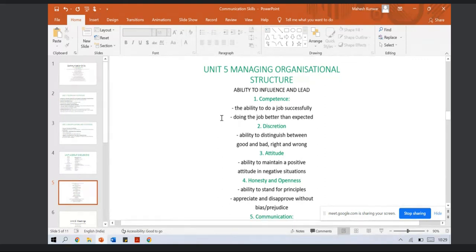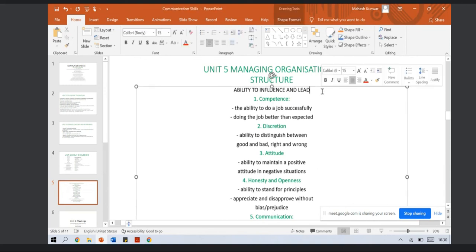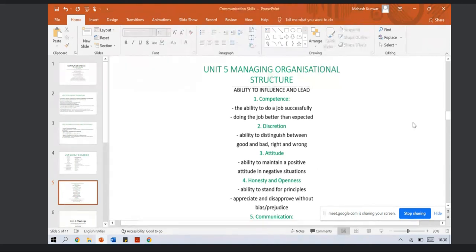It doesn't mean that they are perfect, but yes, they are doing excellently, which is why they are keeping their organization at the top of the list, and we are listening to them, and we also intend to join those organizations at the beginning of a career.